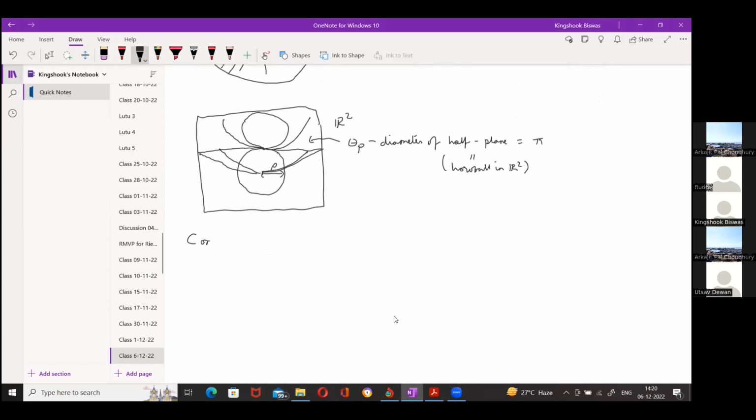Well, if I have a general manifold, convolution means the integral of one function with respect to the translate of another function. But the problem is in a general manifold, we don't know how to translate functions.